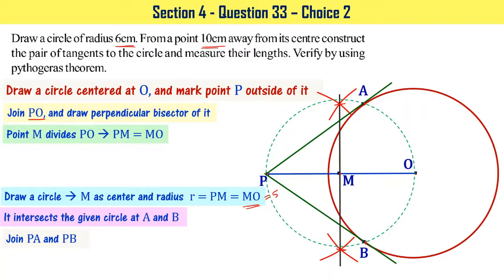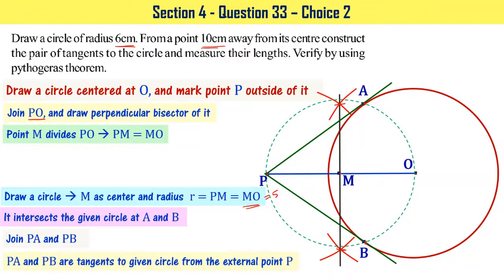These two are called tangents to the given circle. PA and PB are the tangents to the given circle from external point P, which is 10 centimeters away from the center of the circle of radius 6 centimeters. So we are done with the first part of it.